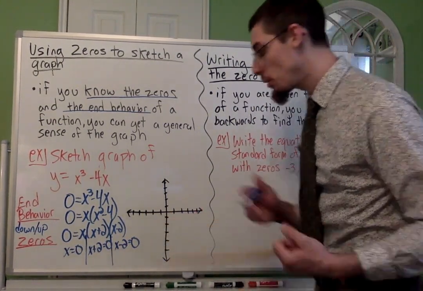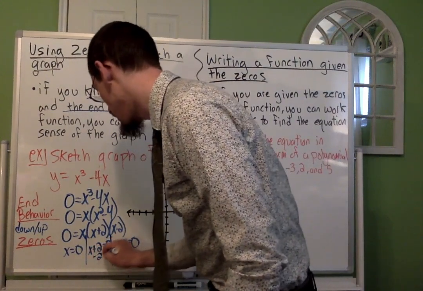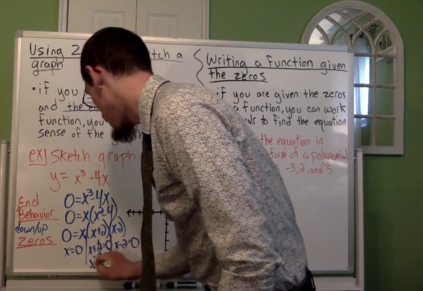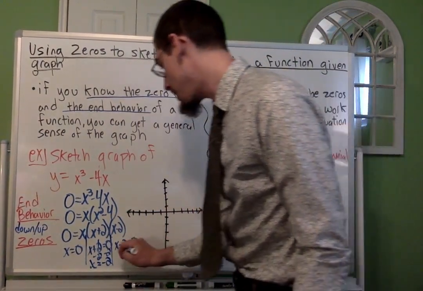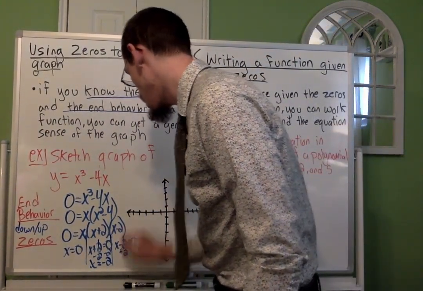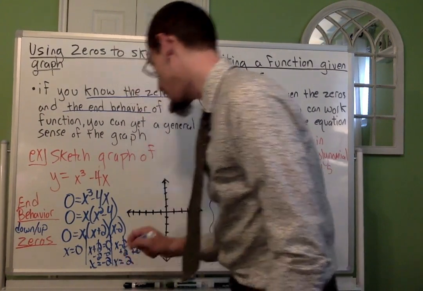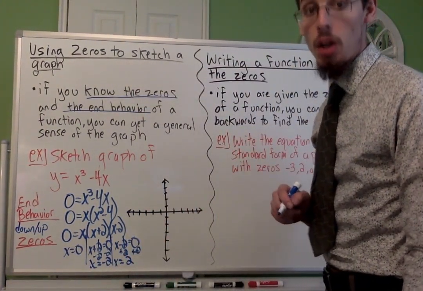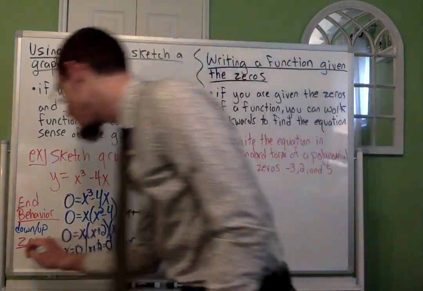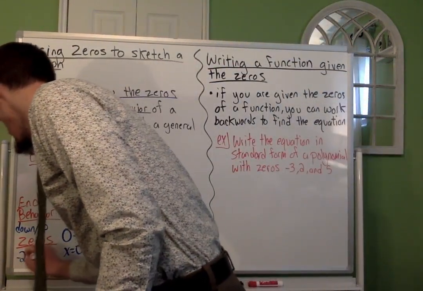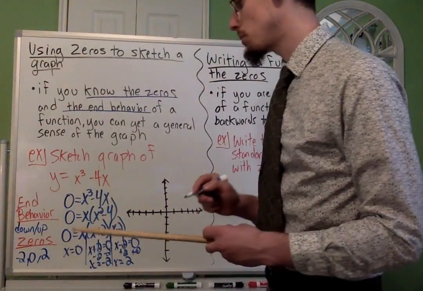X plus 2 equals 0, I mean, that's simple enough. You're going to get negative 2, and then if you add 2 to x minus 2, you'll get positive 2. So, my zeros, I'll put them in order: negative 2, 0, and 2.